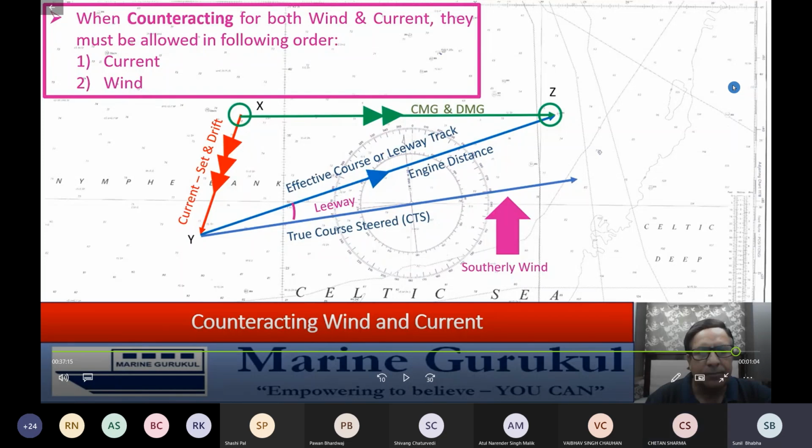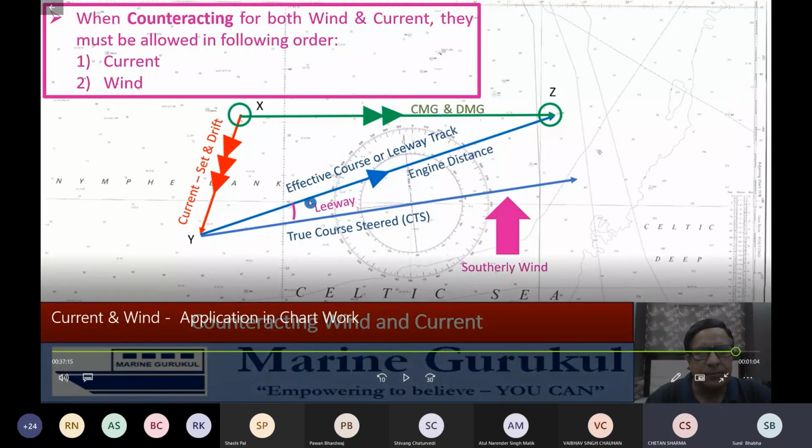One extra thing which I am going to mention: whenever we make this plot on the chart, we usually do not show the leeway angle and the course steered on our chart. What we do is we find out the effective course or the leeway track from the chart.